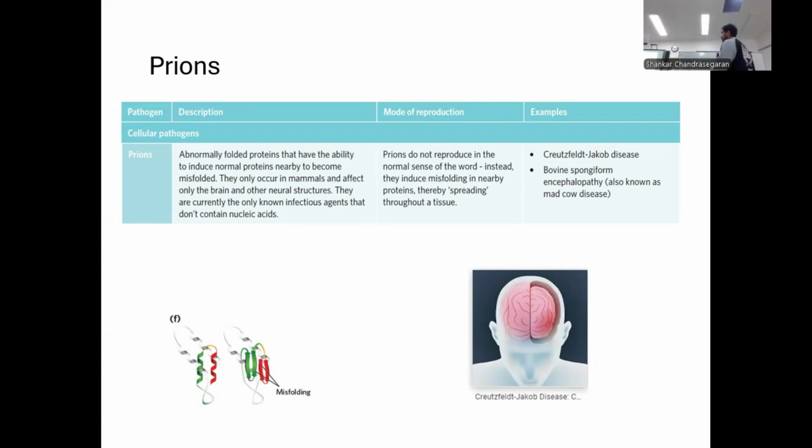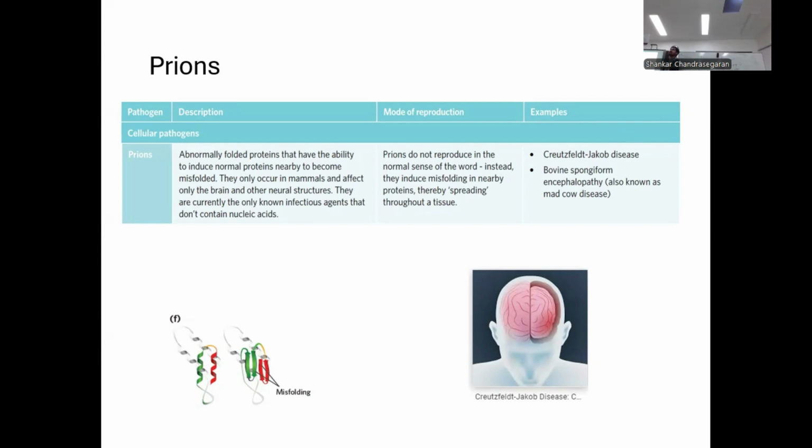But prions are molecules that are abnormally folded, and they can induce other normally folded proteins to become misfolded, and that can have a detrimental impact. So they do not reproduce in the normal sense of the word. Instead, they induce folding of nearby proteins, therefore spreading throughout tissue.